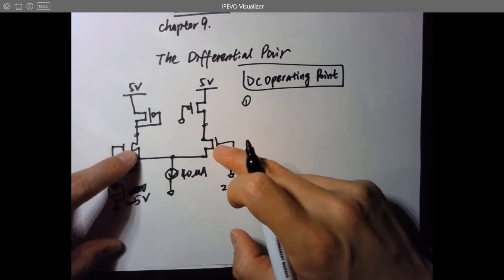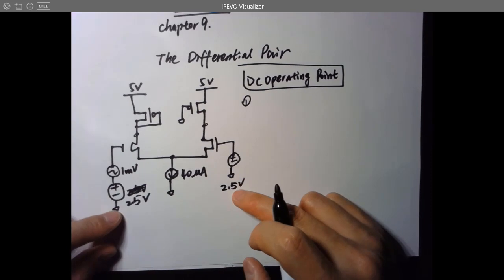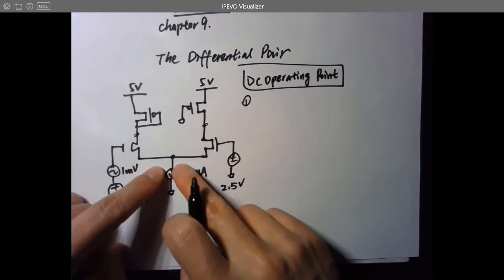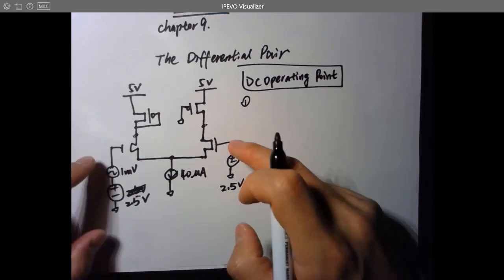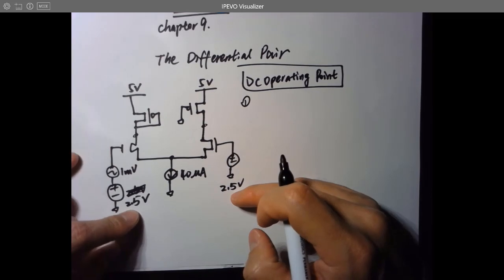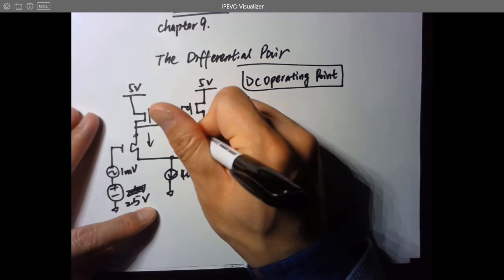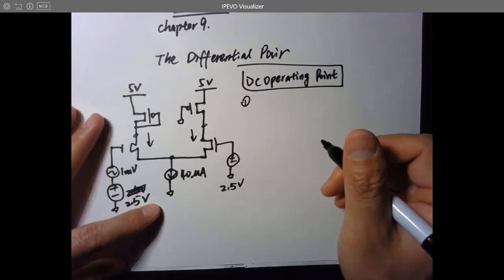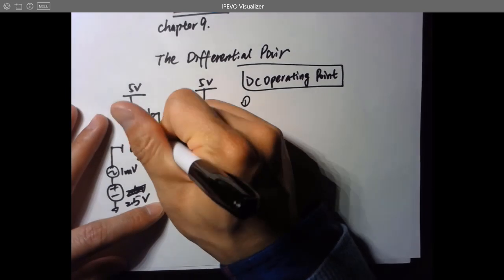Because these two transistors have the same VGS, since they are shorted at the S terminal, and also they have the same G for DC, which is 2.5 volts. So each branch will be equally 20 microamps.